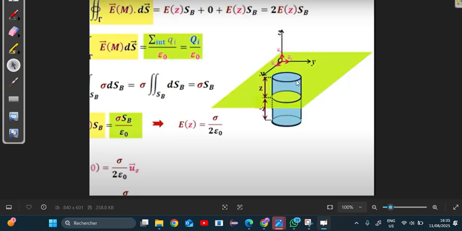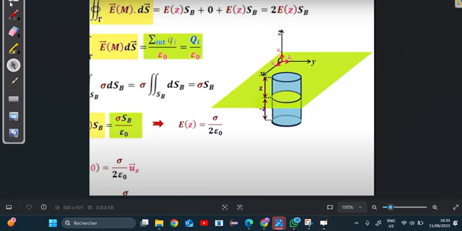So when using theorem de Gauss, we use a Gauss surface, and for a plan infini, a cylinder applies. You position your cylinder like this. You draw a cylinder on the plane. Then what does theorem de Gauss say?